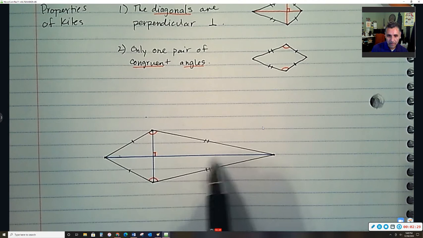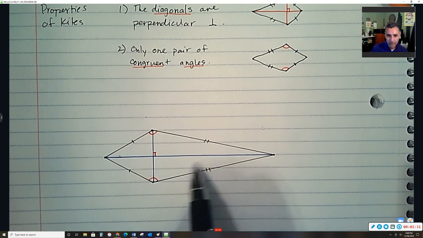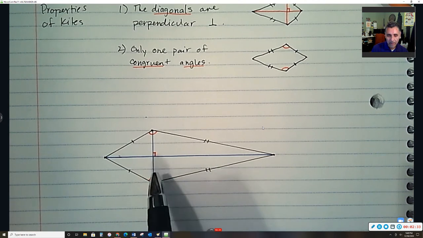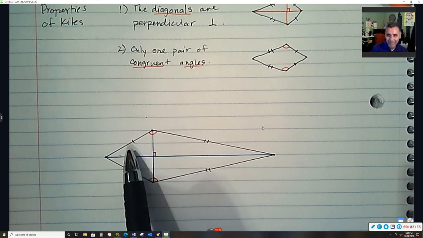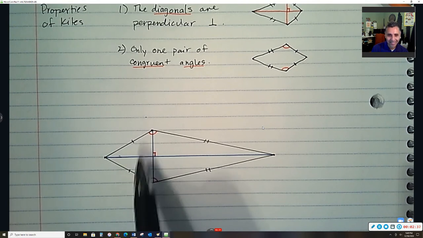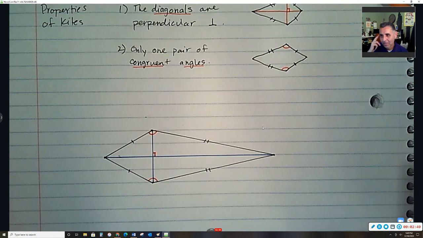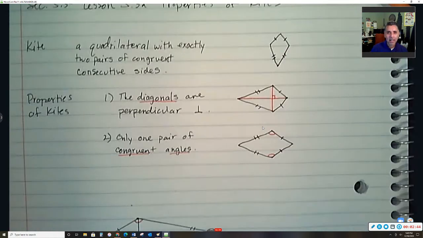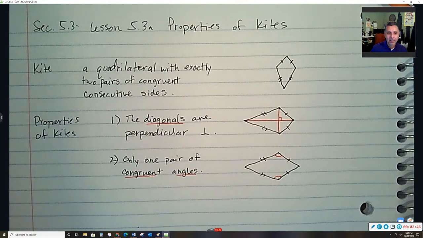They're congruent. And same thing for this one. There's a bunch of triangles in here that are congruent. That triangle is congruent to that triangle. Just kind of remember that. So pause this, copy that down, and we'll move on.